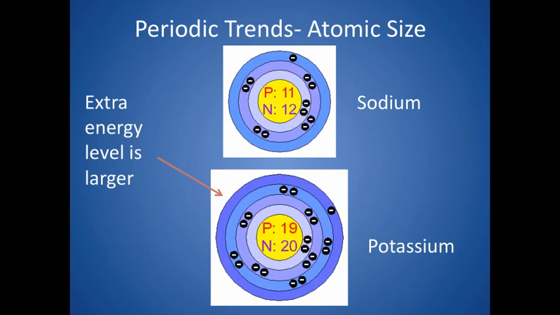The fourth energy level is larger, and so that size renders it bigger. Also, you can see that there's just more stuff in the way here, so the shielding is much greater. The electrons are shielding these outer electrons, so they pull out a little bit further. So again, the trend is that atoms get bigger as you go down a group.